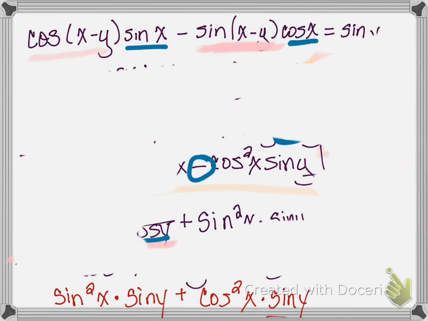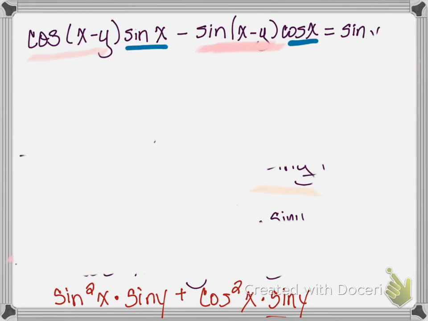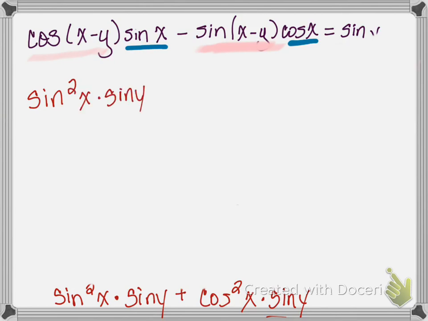And hopefully at this point what you are seeing is that we are very close to the Pythagorean identities down here. Okay, so sine squared of x times sine of y plus cosine squared of x times sine of y.